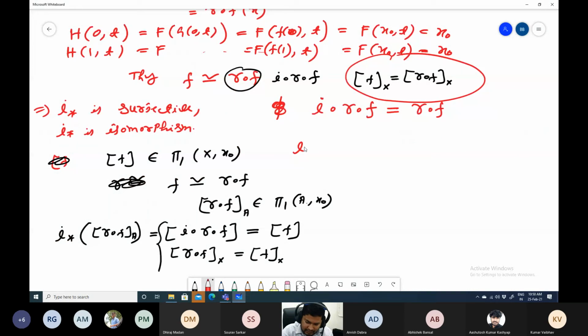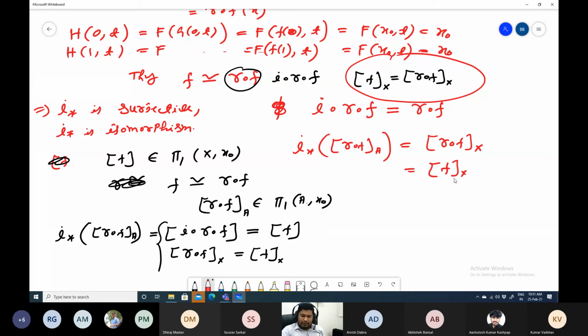Whenever you take i star of R compose F in A, that is the same as R compose F in X, and we have proved that that is F in X. So we assume this is in the homotopy classes in pi1 of X comma x0, and we proved that its inverse image exists.